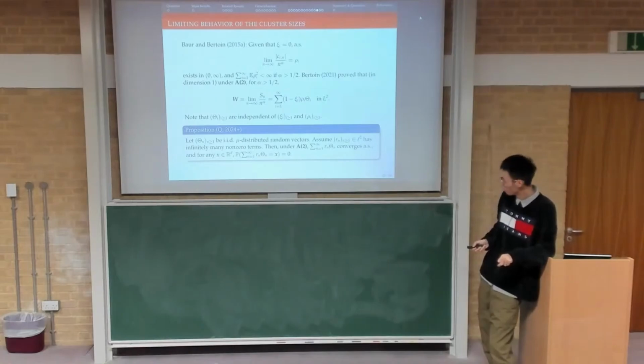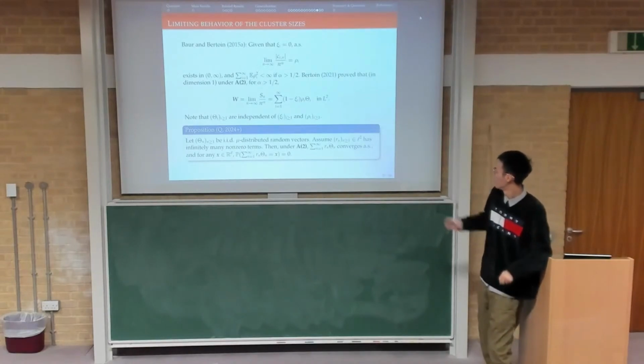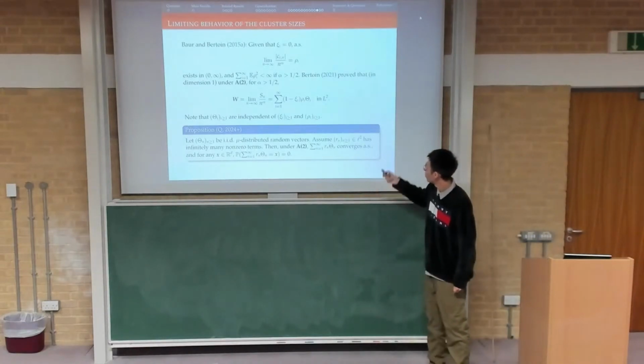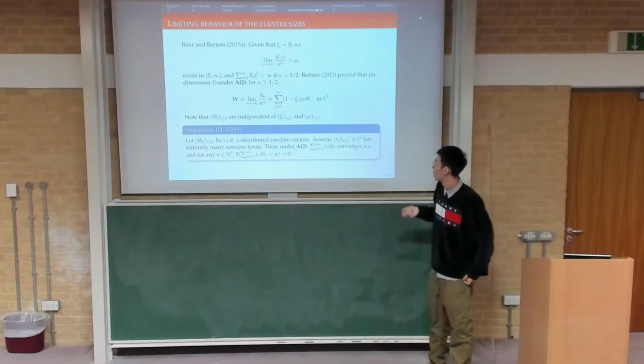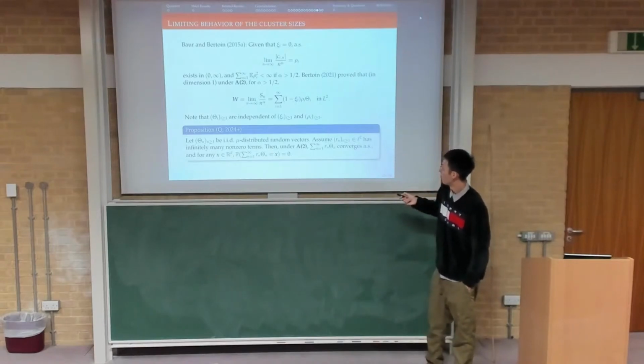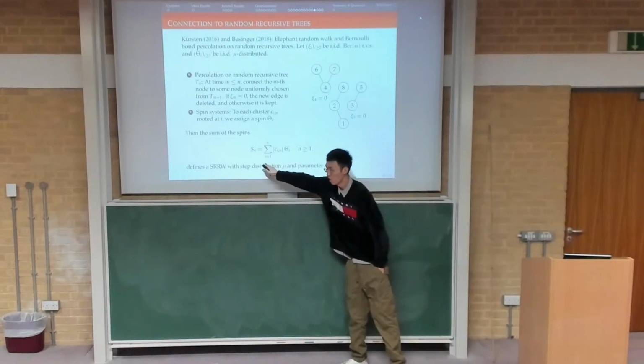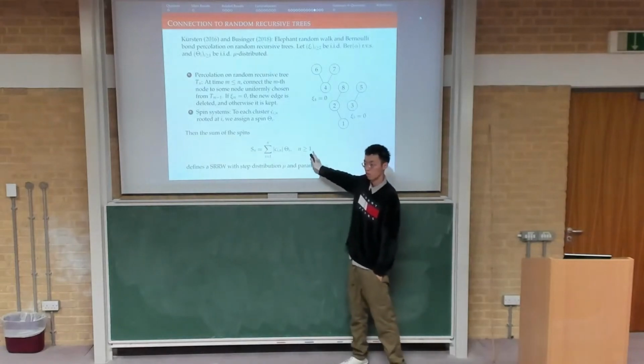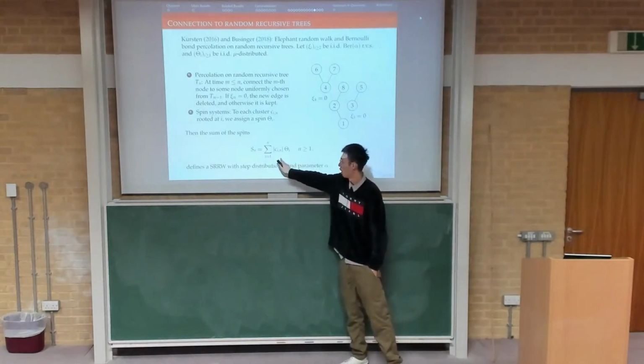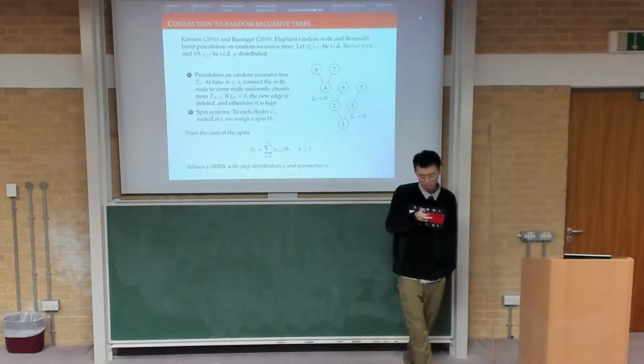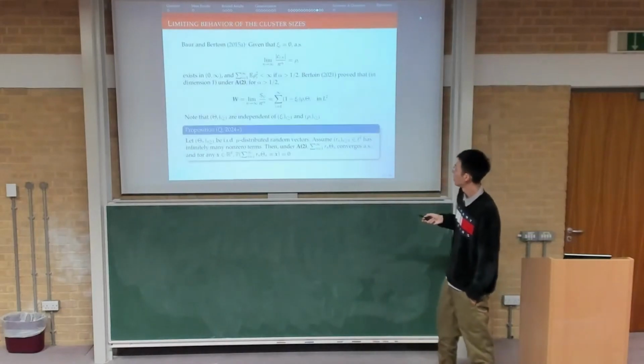So using an argument from Bourtois, we can divide both sides by n to the alpha, and we can put the n to the alpha inside the limit sign and the summation sign.